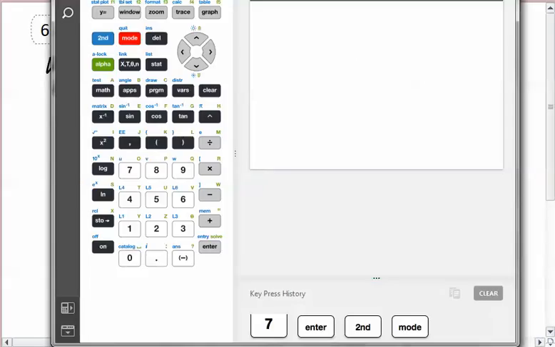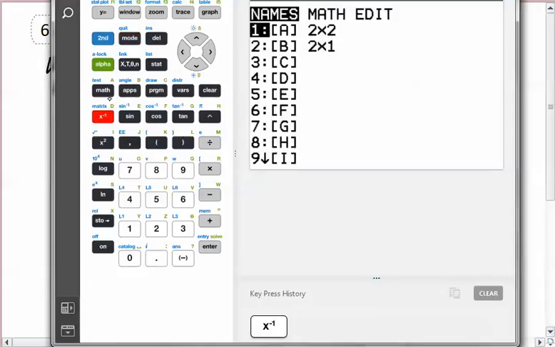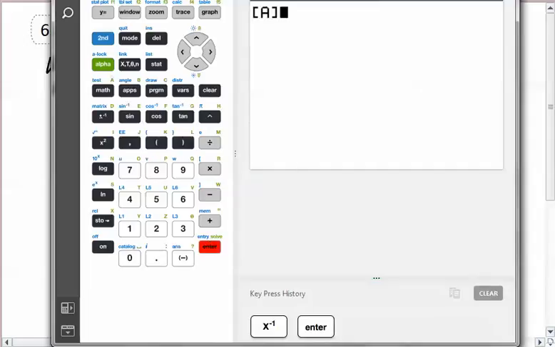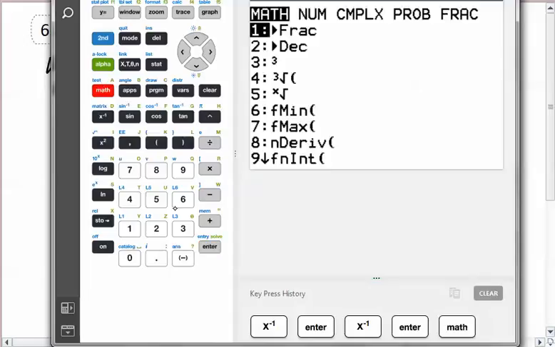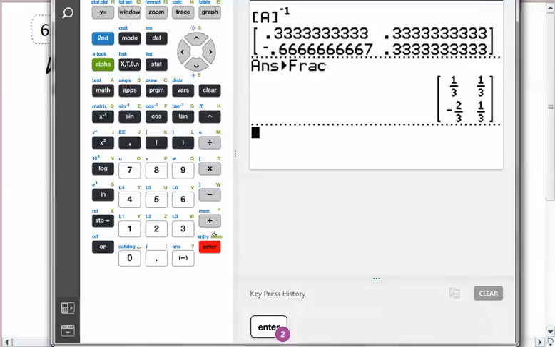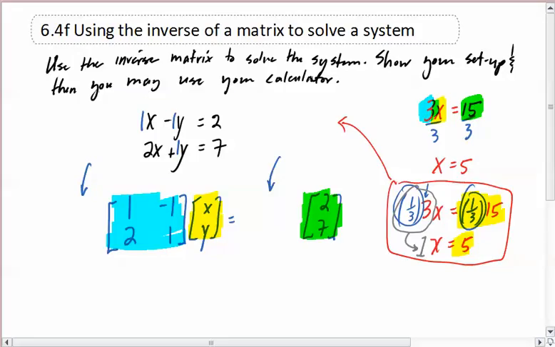Let's take a look. So we'll call up matrix A, raise it to the -1 power, which is saying find me the inverse. Now I don't like that because I want to write it down. So I'm going to go Math, enter, enter, and that's going to give me my inverse matrix. 1/3, 1/3, -2/3, 1/3. So I'm going to write that down here. There's my inverse matrix.